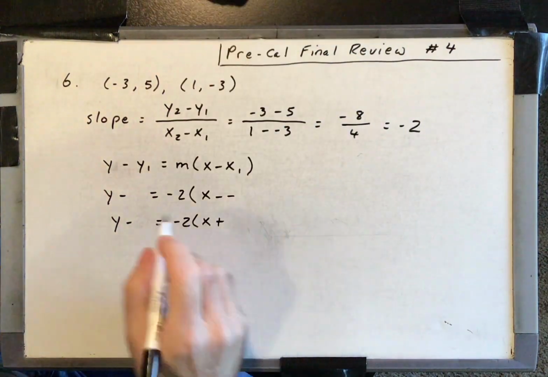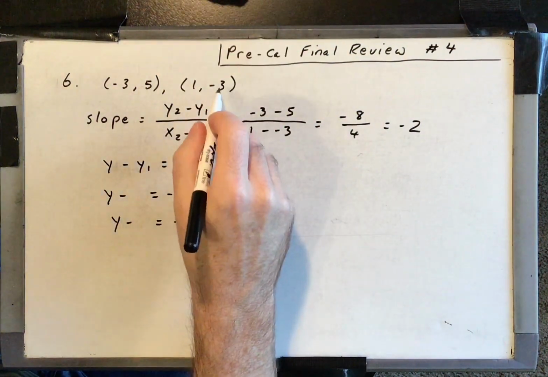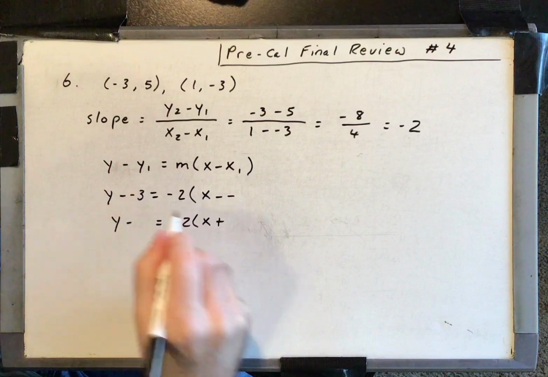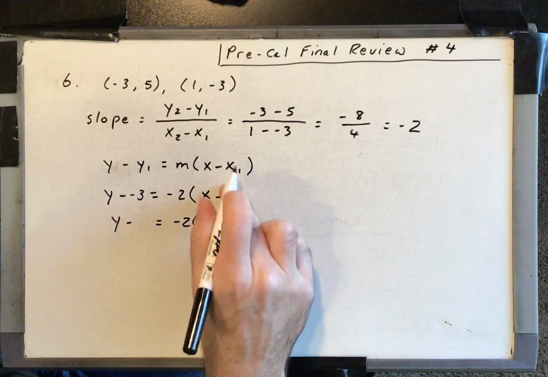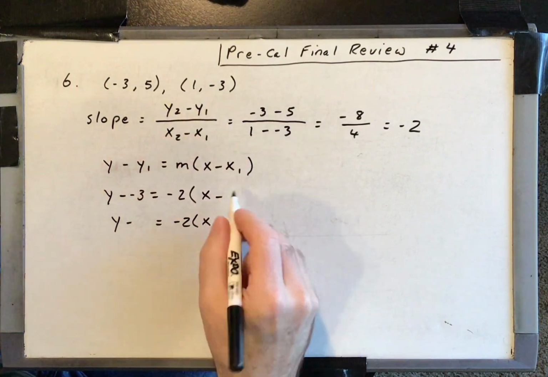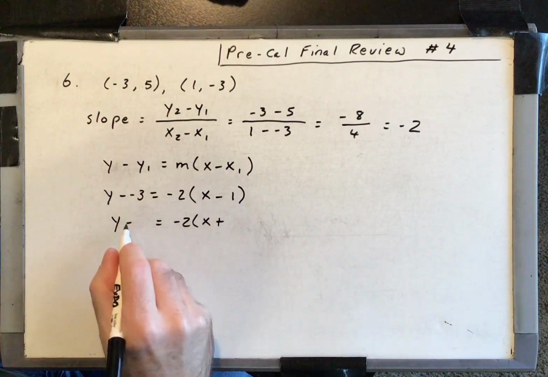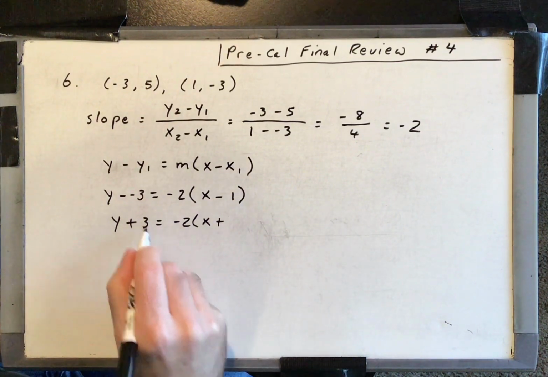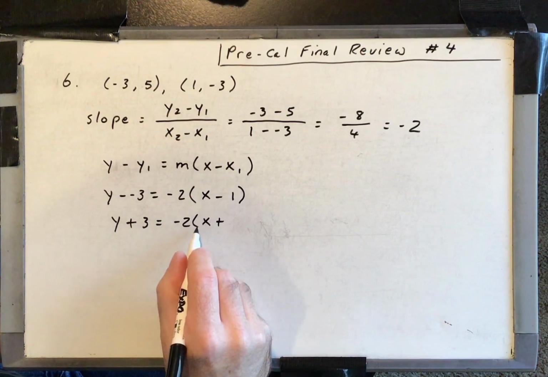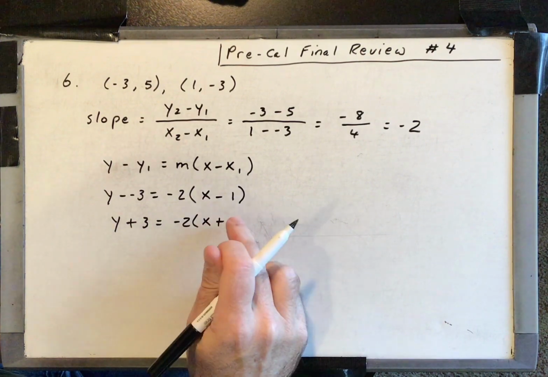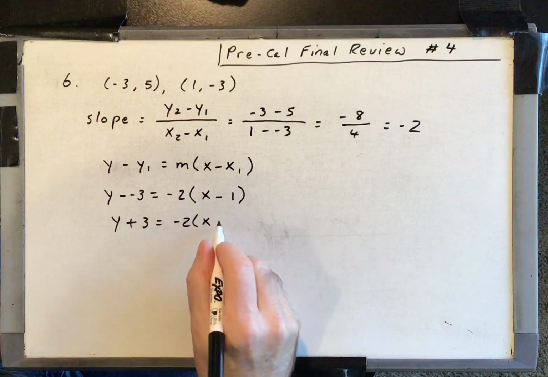It's y minus negative 3 is equal to negative 2 times x minus 1. So I got those backwards. So it's going to be y plus 3 is equal to negative 2 times x minus 1.